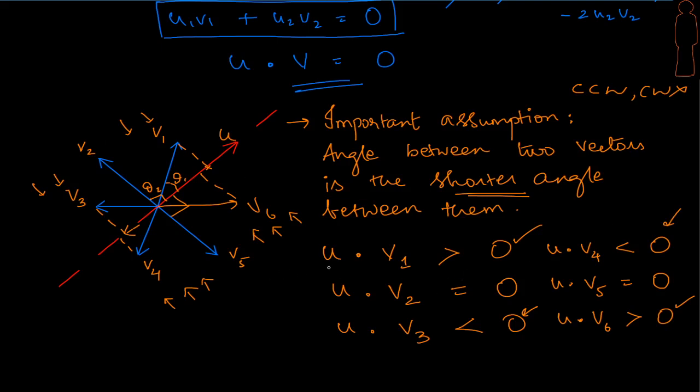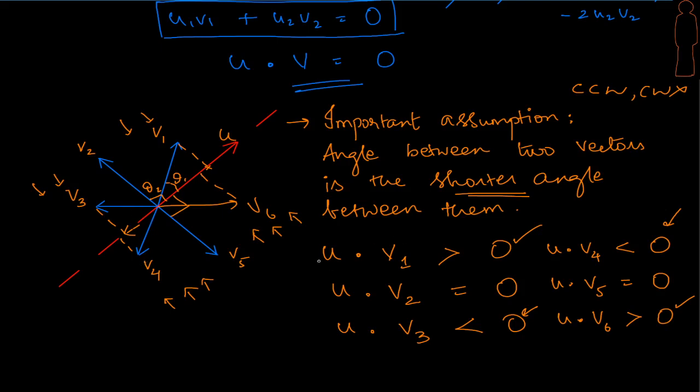Okay, now how did I even say that the dot product is becoming negative? What I know is only one thing. I can only say that if I talk about the shadow of v3, the shadow of v3 is in the opposite direction of u. And we can talk about the shadow of v4 being in the opposite direction of u.